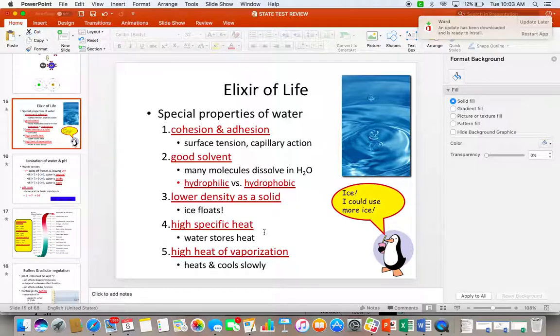Our body temperature is going to stay about 98.6, for the most part, unless we're subjected to something really extreme. And then the high heat of vaporization means the same thing. We all know that steam is hotter than water because the molecules, of course, are moving a lot faster when it's a gas. This goes right in hand with this. Water does not like to change temperature at all.